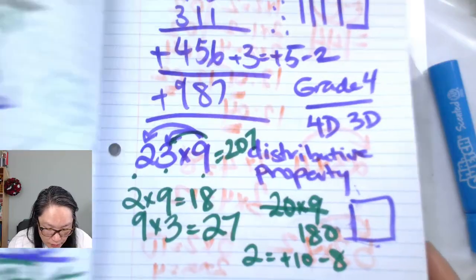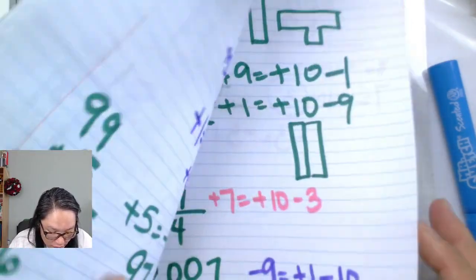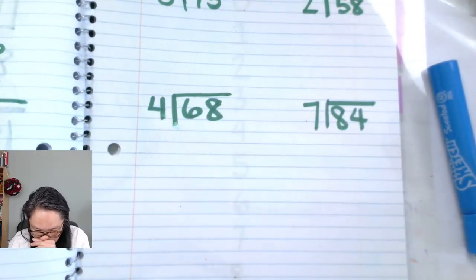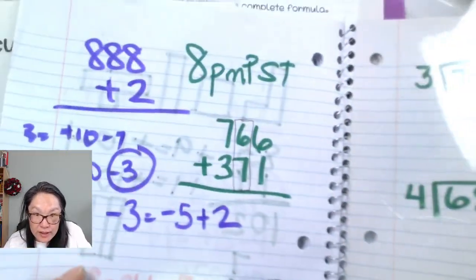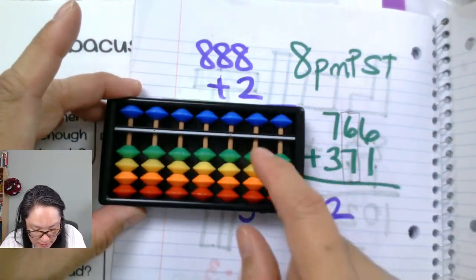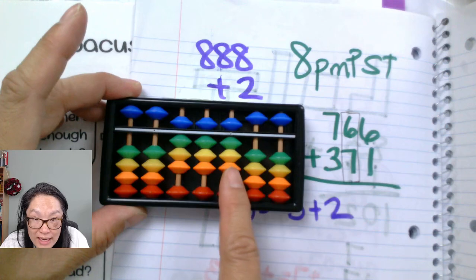And when we try to do multiplication, you can do division on the abacus. Oh, here's a question. Somebody gave me this question: 888 plus 2. I think it was Ethan. I want to add the 2.